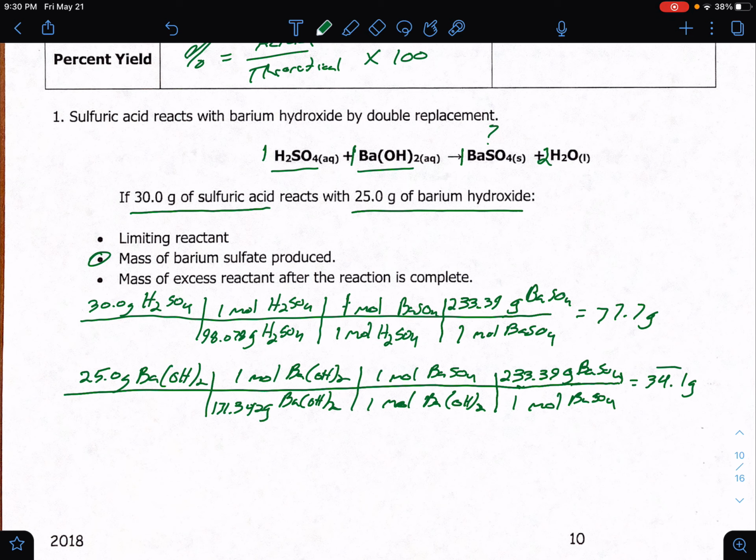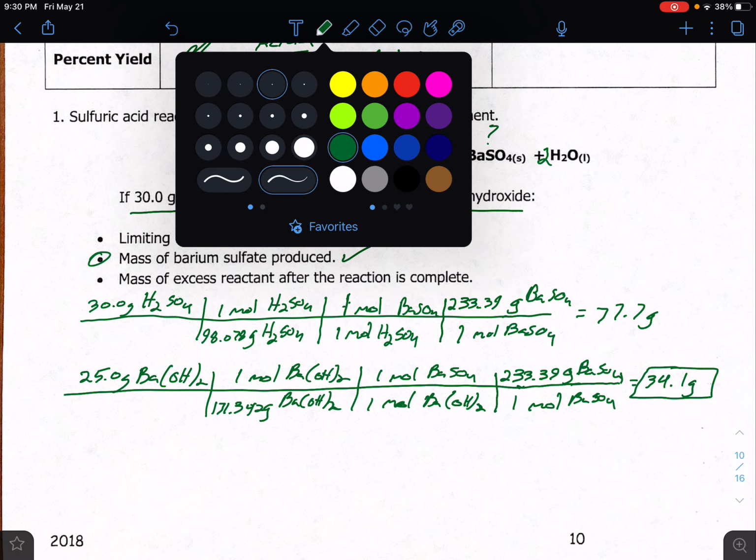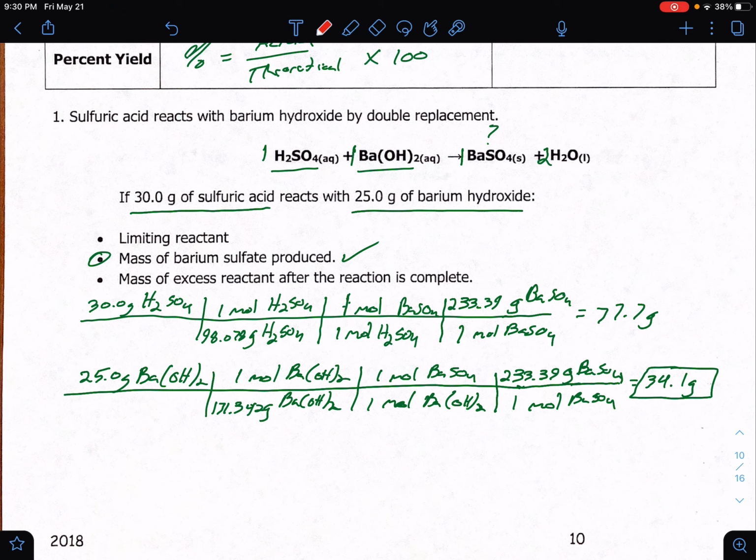So that answers my question 2. That is how many grams of barium sulfate I can produce. Okay, so question 2 is answered. Question 1 is which one's the limiting reactant? Whichever one produces the smallest amount is the limiting reactant. So that means BaOH2 is my limiting reactant, and H2SO4 is my excess reactant.